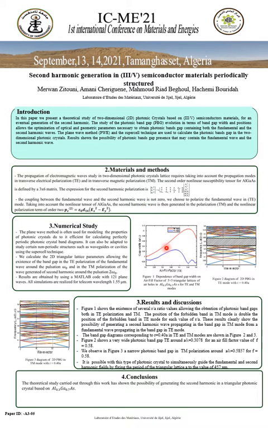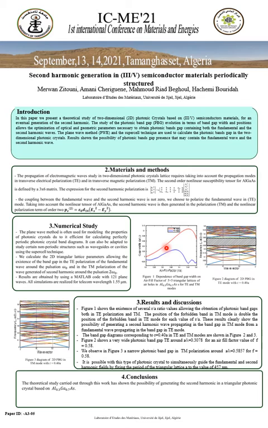We calculate the two-dimensional triangular lattice parameters allowing the existence of the band gap in the TE polarization of the fundamental wave and in the TM polarization of the wave generated at second harmonic. Results are obtained by using a MATLAB code with 121 plane waves.